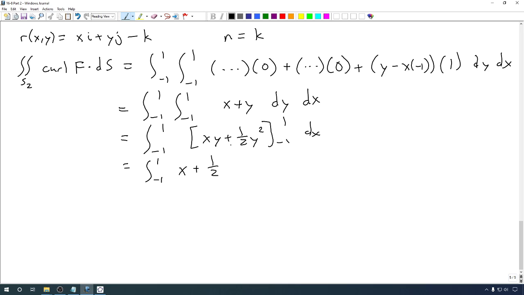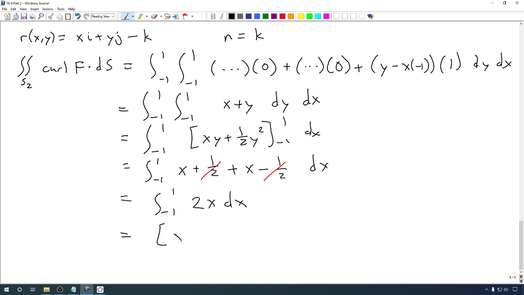When we plug in negative 1 and subtract, we have x times negative 1, but subtracted, so a plus x. Then we have minus 1/2 of positive 1, so actually minus 1/2. The 1/2s cancel each other out. So we get the integral from negative 1 to 1 of 2x dx.